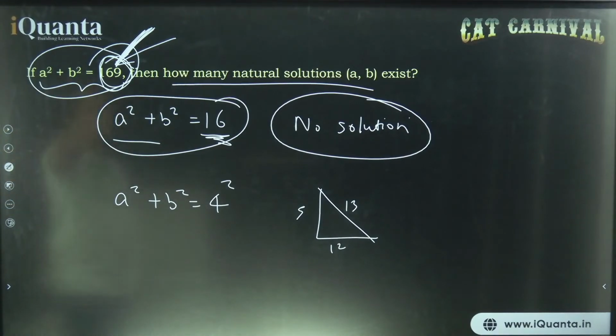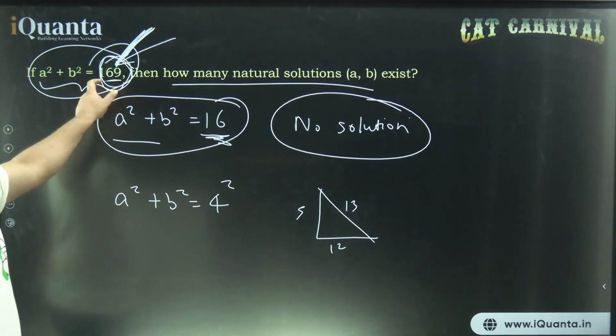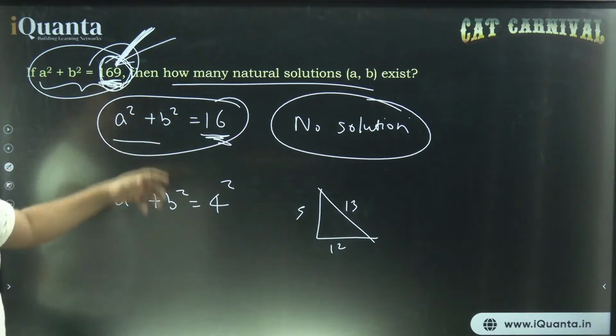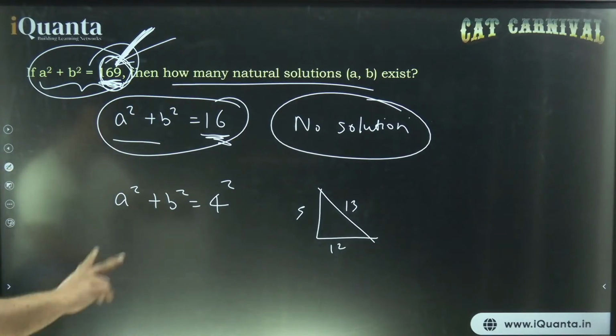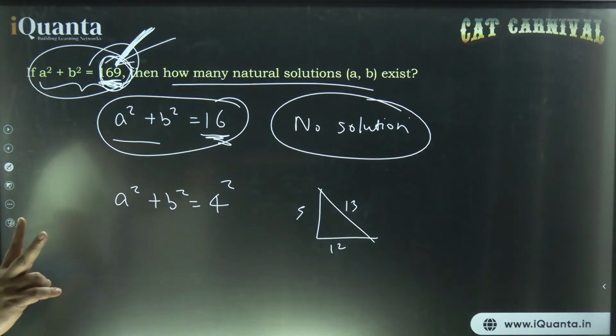मुझे ये बताओ, if this thing is a part of a Pythagorean triplet, then in case of natural solutions we can have 2 solutions, right?